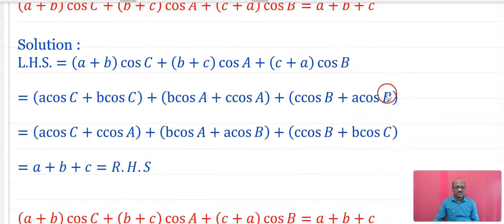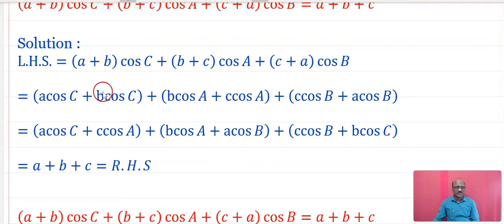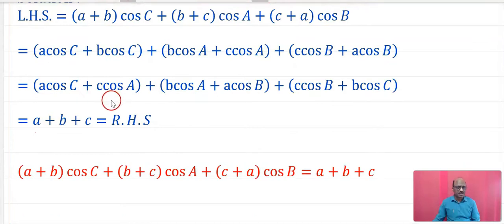Now consider the LHS: (a + b) cos C + (b + c) cos A + (c + a) cos B. Perform the multiplication and you will get a cos C + b cos C, b cos A + c cos A, c cos B + a cos B. Collect the terms: a cos C + c cos A, which is nothing but b; the second is c, and the third is a.